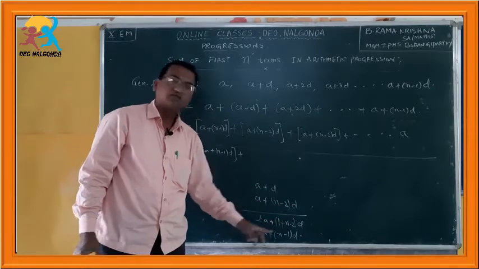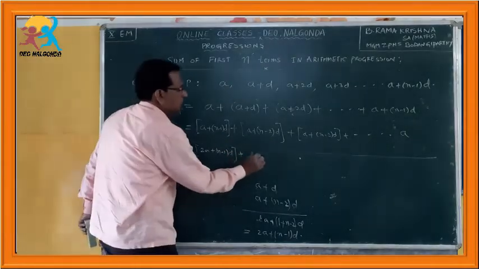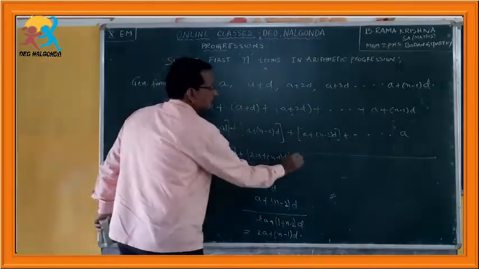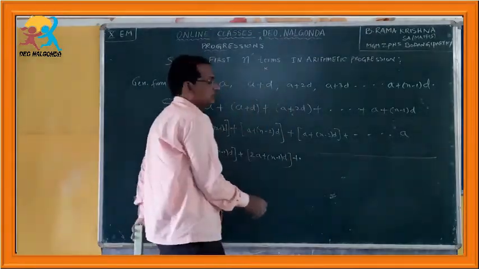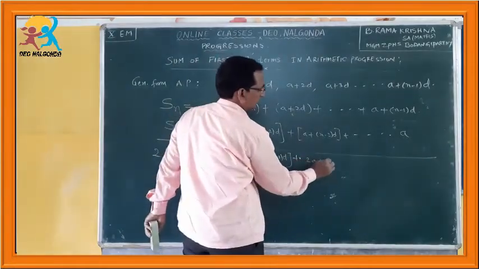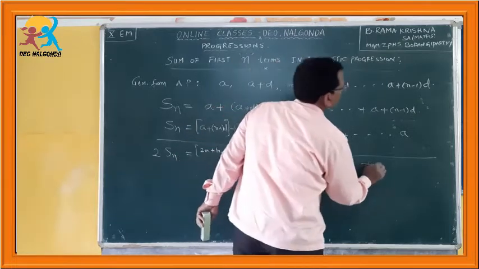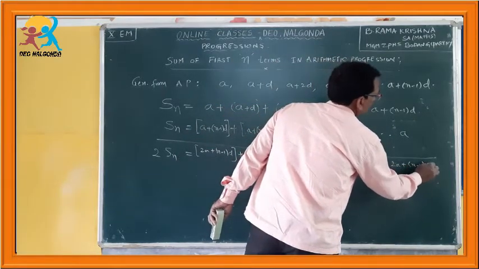If you simplify this, you will get again n minus 1. Therefore, again I get 2a plus n minus 1 into d. Like that, if you add every term in this, you get the same 2a plus n minus 1 into d.